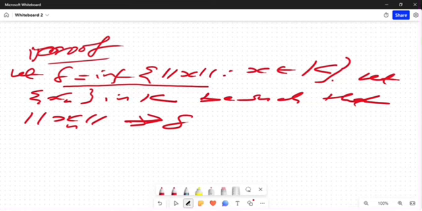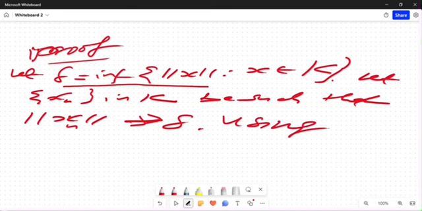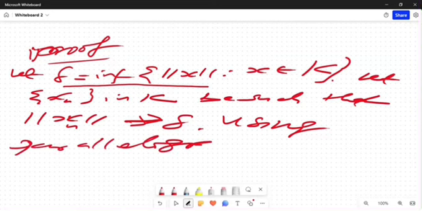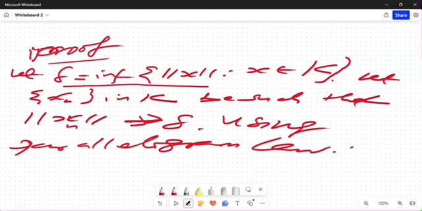Because you are in a Hilbert space, and inner product spaces satisfy the parallelogram law, I'm sure you remember the parallelogram law, we use the parallelogram law as well as the convexity of K.